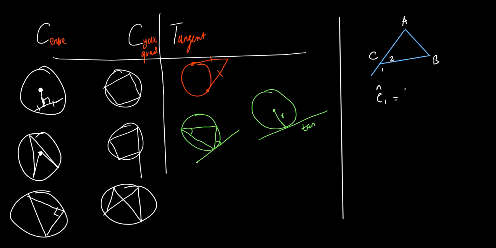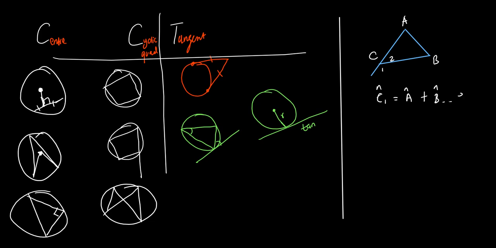Exterior angle is equal to the interior opposite. You are definitely talking about a cyclic quad. C1 is going to be angle A plus angle B.